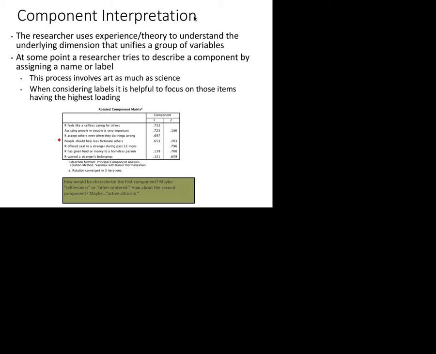So it really is a correlation between the item and the component. What's the relationship between that item and that component? And what we want is items that are highly correlated with one component and relatively uncorrelated with the other components.